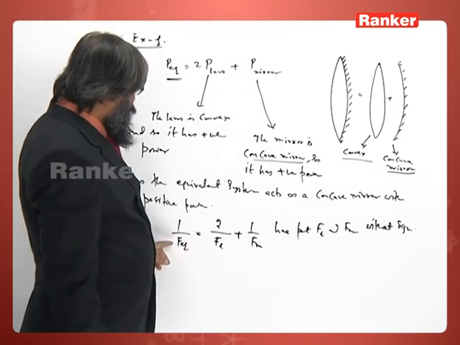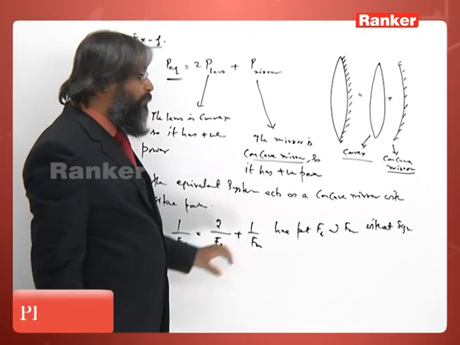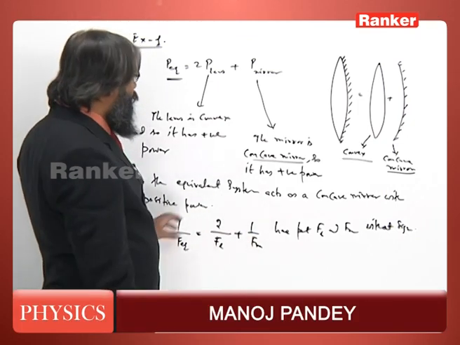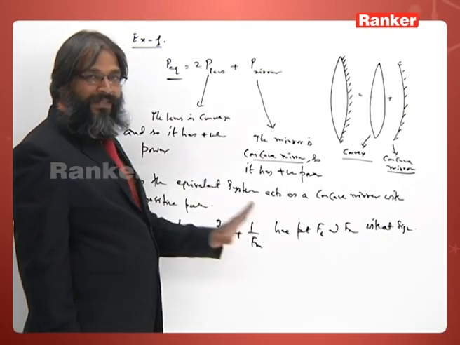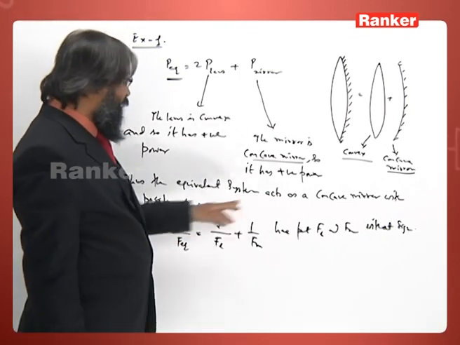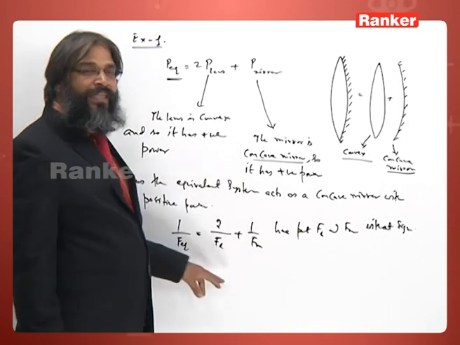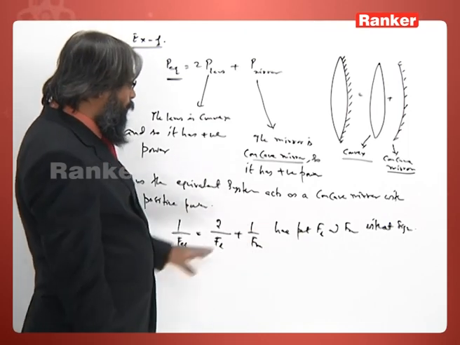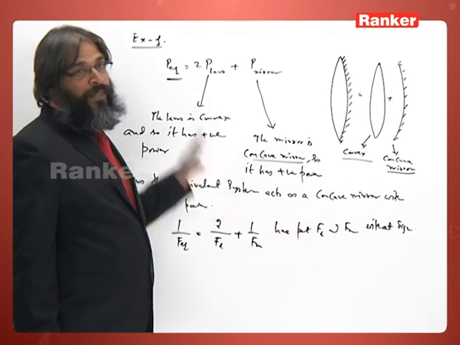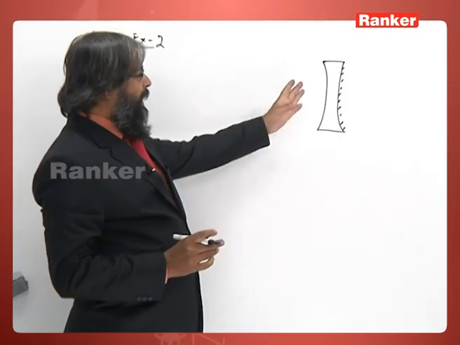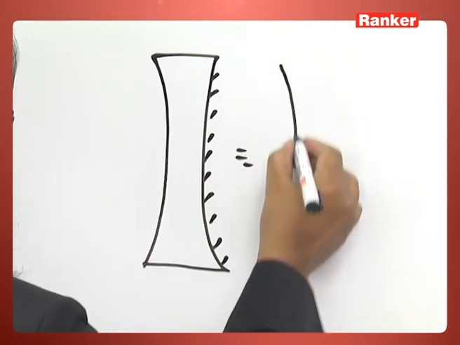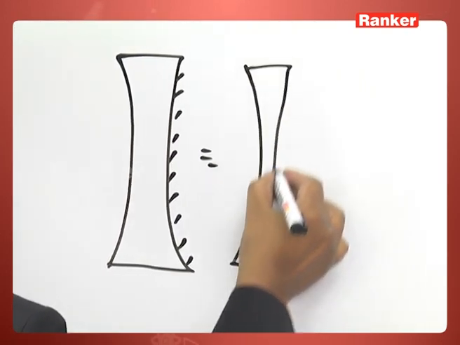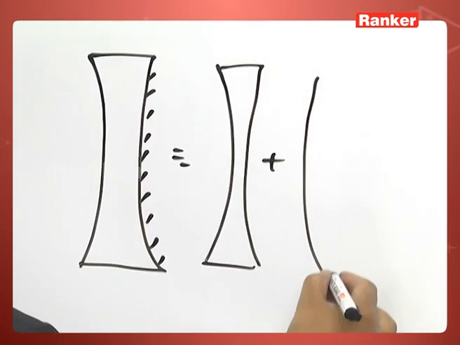So, what focal length will we get? We will get the magnitude of the focal length. Don't think that this is a positive focal length, so it will be a convex lens like that. We know it's a concave mirror and its magnitude will be given by this. Very important about sign conventions and their interpretation. Now come to the second example, where I can say that this is the sum of this plus this type of mirror.